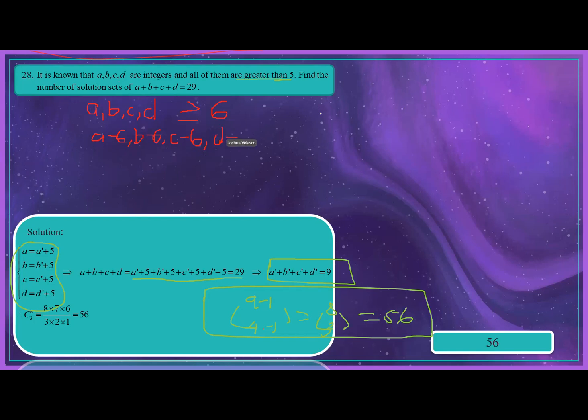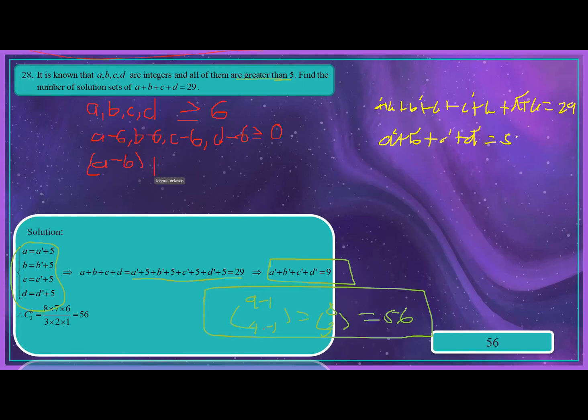Yes, you're right. Should be greater than 6. A plus 6, B plus 6, C plus 6. Okay, my bad. So this one should be A plus B, B prime, C prime. This should be 5 plus 4 minus 1, taken 4 minus 1. 8 taken 3.